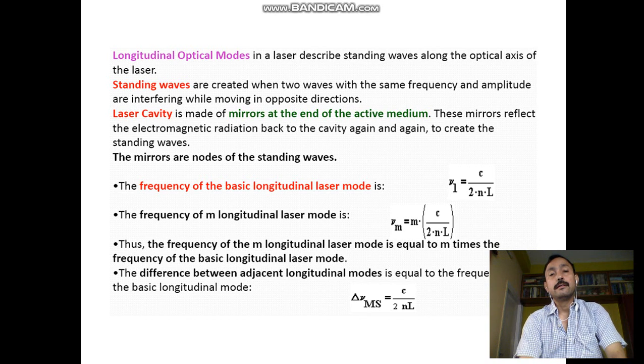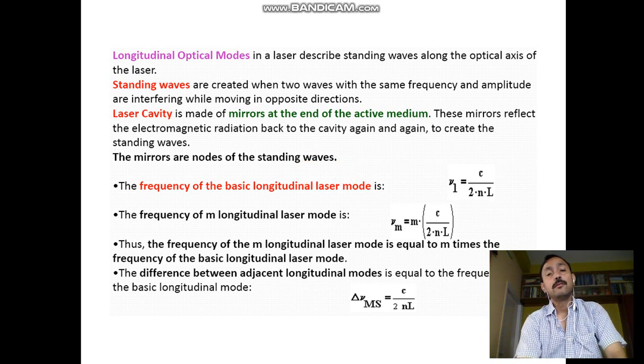The laser cavity is made of mirrors at the ends of the active medium. These mirrors reflect the electromagnetic radiation back into the cavity again and again to create the standing waves. The mirrors are nodes of the standing waves.